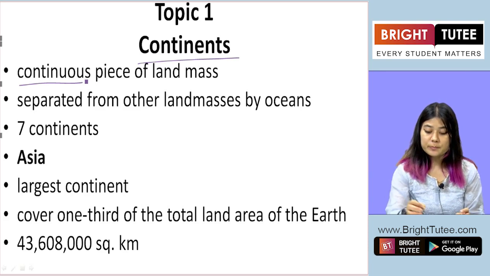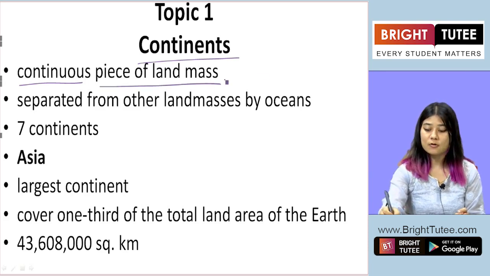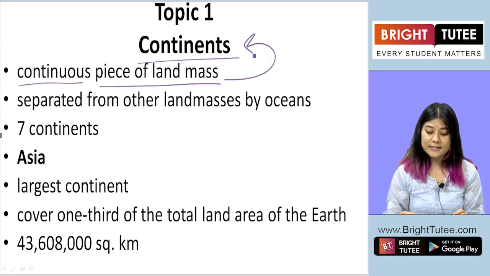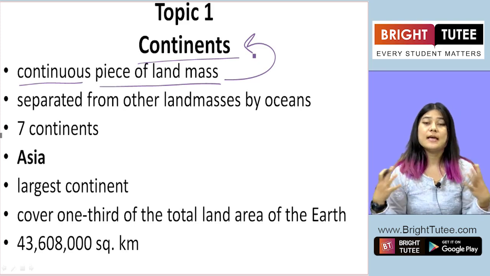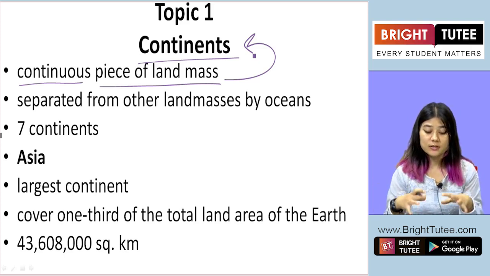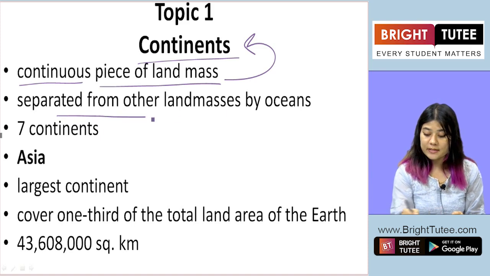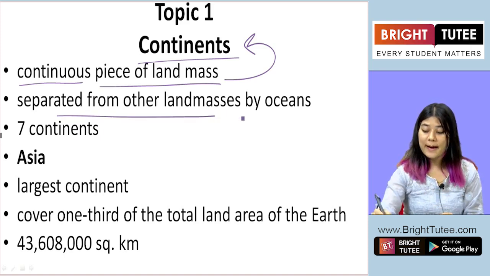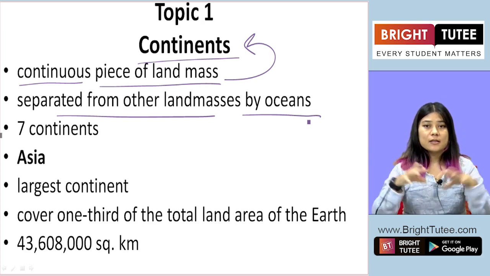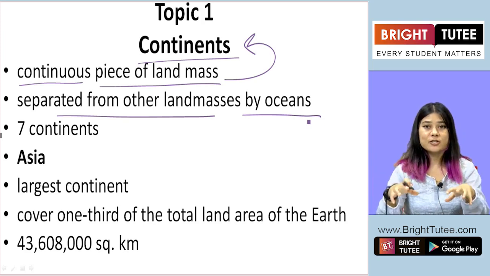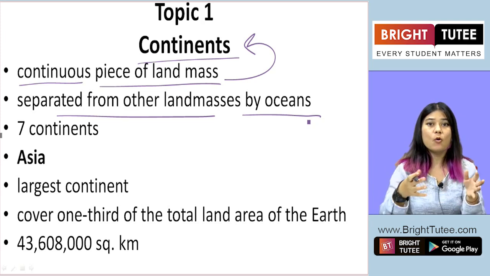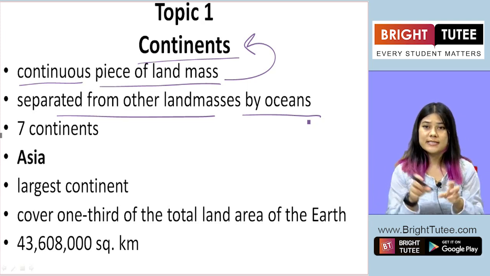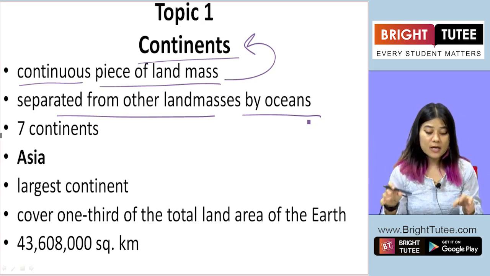So, a continuous piece of landmass is called a continent. Alright. Now, these continents that are present on Earth's surface are separated from one another by oceans. So, basically, the continents are placed in such a manner that in between there are oceans, and those oceans separate one continent from the other.